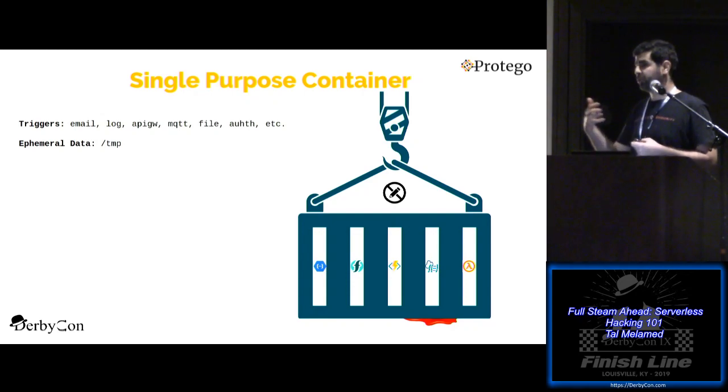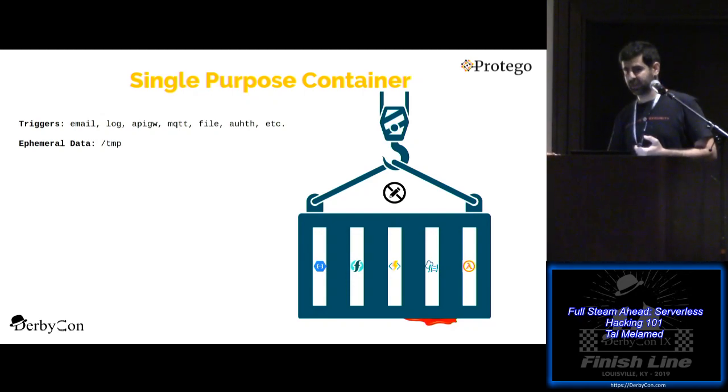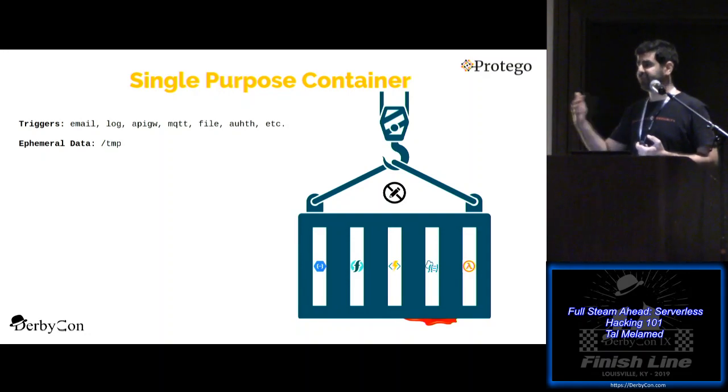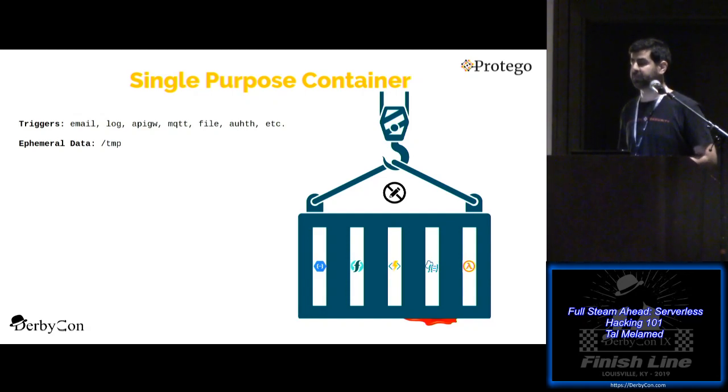You're not going to know on which container you're going to land, but if this code writes into /tmp and is triggered pretty often, and you get access to this container, you might find some information inside /tmp. So this is something that you want to take into account.